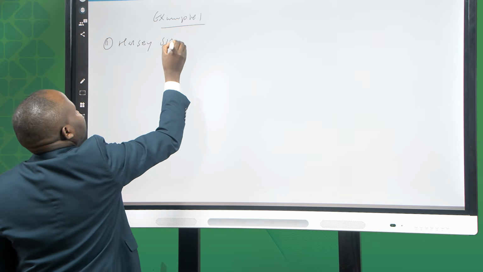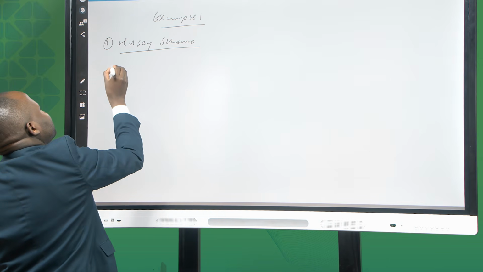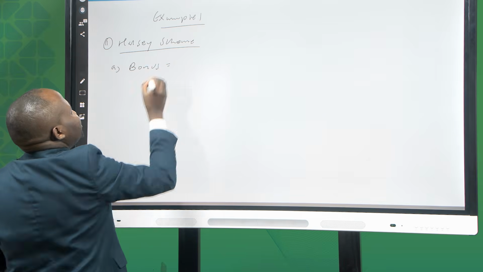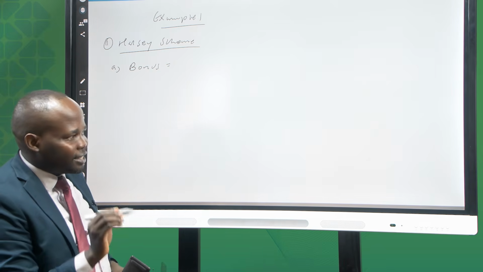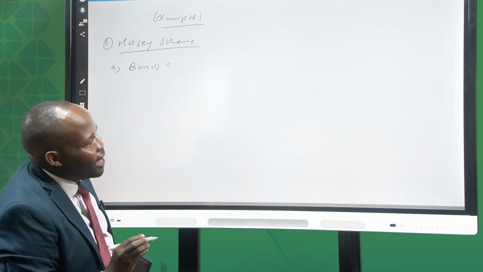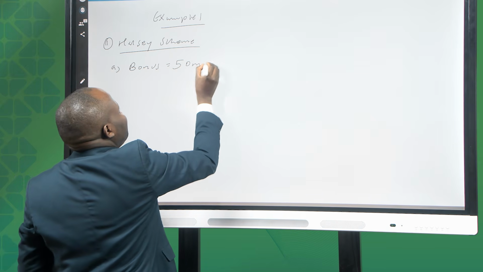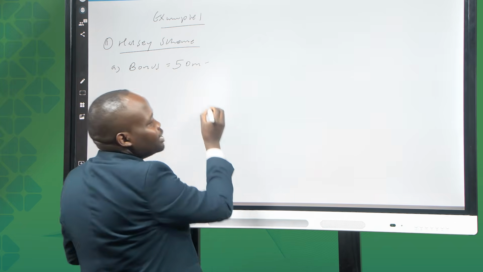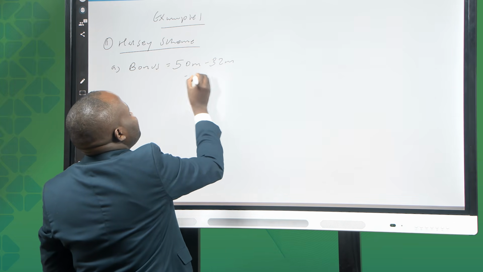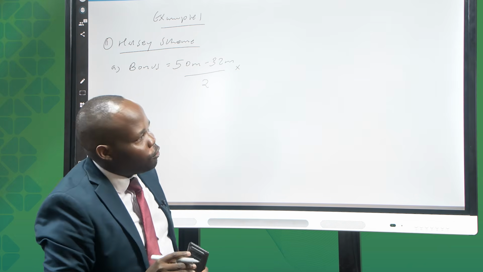Halsey scheme. Now, in a Halsey scheme, the bonus, we have said it is 50% of the time saved. So it was time allowed was 50 minutes minus time taken is 32 minutes, divide by 2 times the rate of pay.